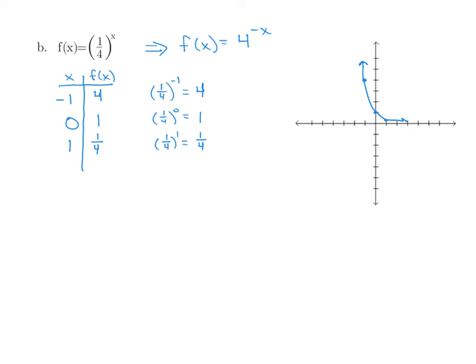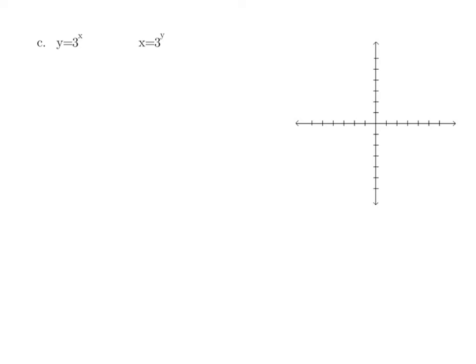Okay, let's look at a couple more. So we're going to kind of introduce this idea of inverse function. We're not going to look at what the actual function looks like in terms of symbols yet, but we can go ahead and graph it. So let's start off by working with y equals 3 to the x.